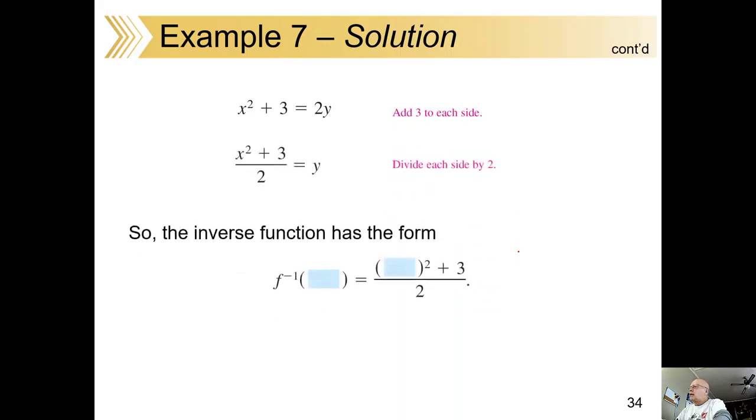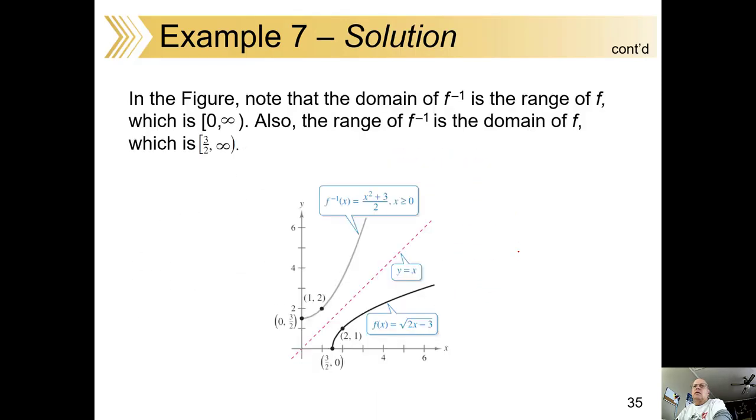Okay, we did all that. There's a picture of this function and its inverse. Now you might think this is a coincidence, but it really isn't. That line in the center is sort of like a folding line.